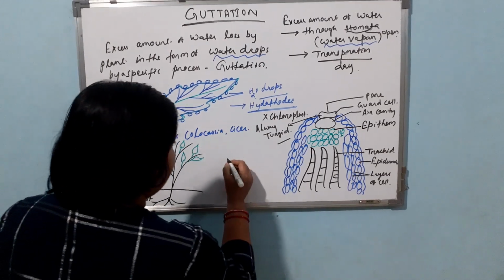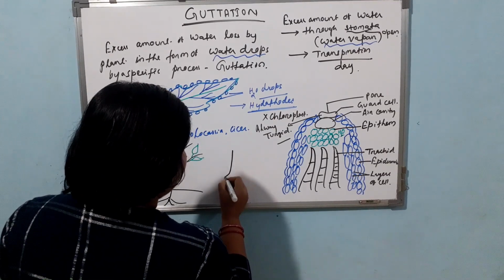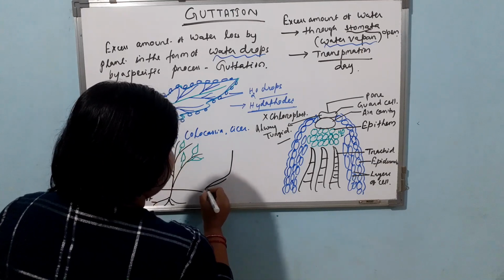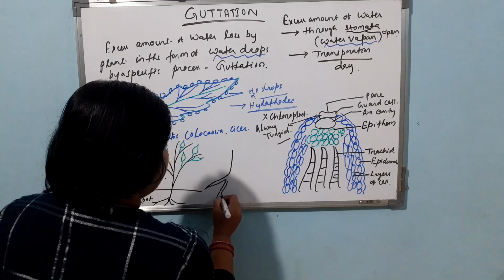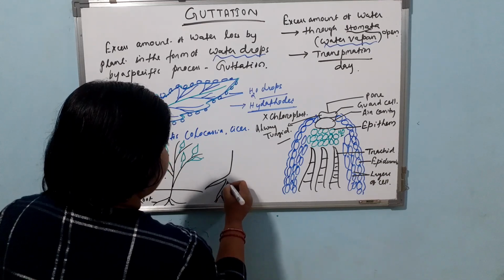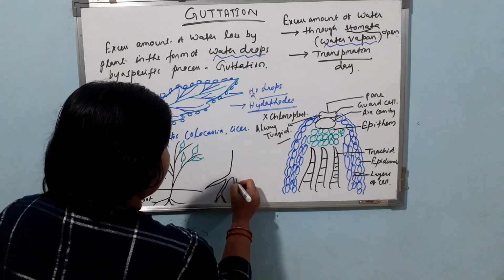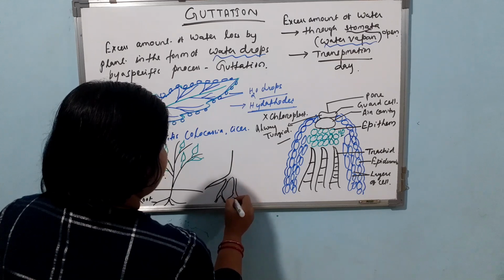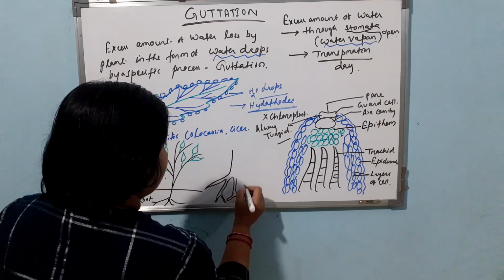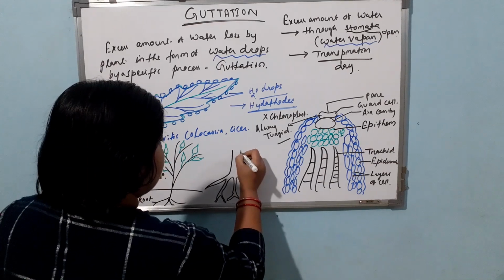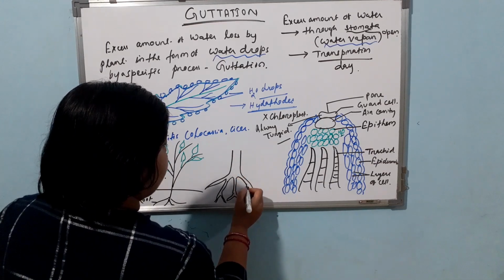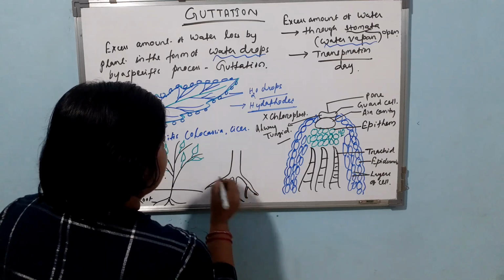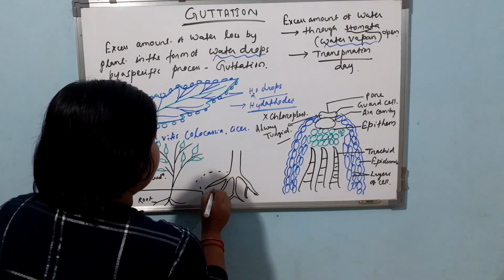Then what will happen? Water will move from higher concentration to lower concentration. First we will make a broader picture, then we can understand. These are the roots, this is the soil part.